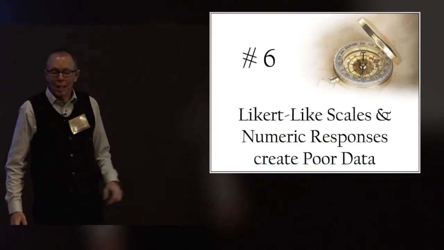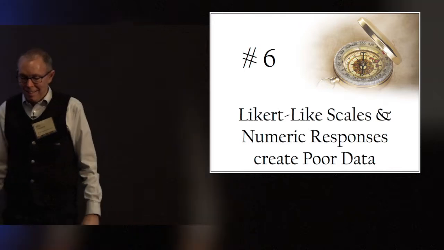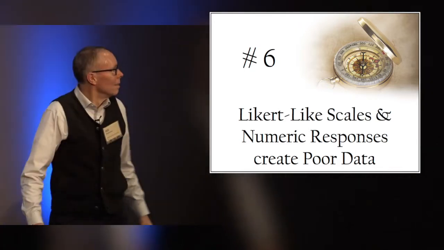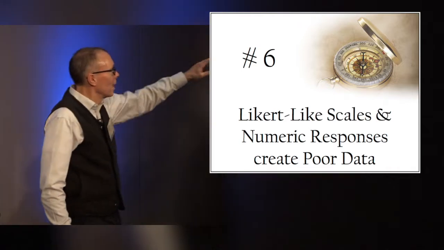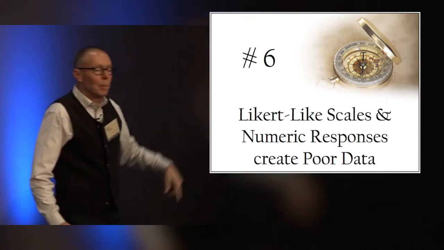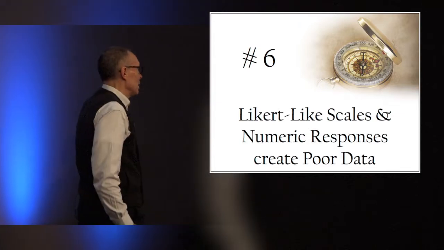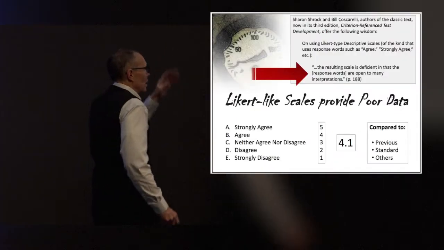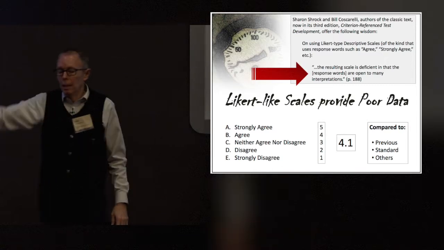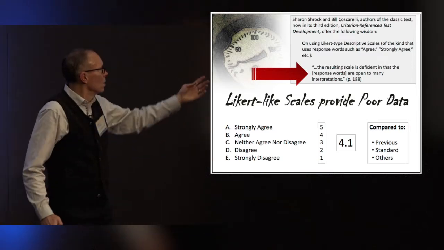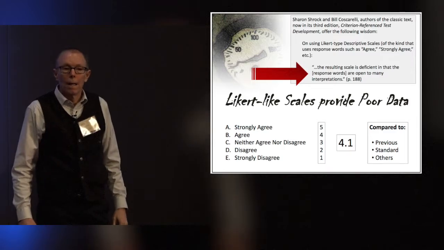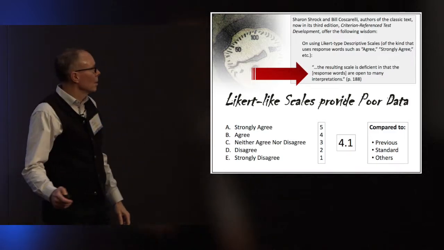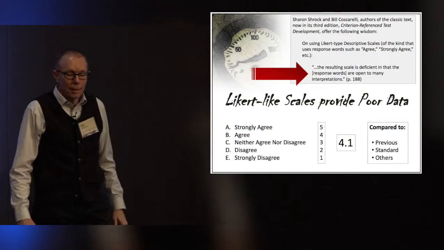So why might our smile sheets be problematic? One of the reasons is that we use Likert-like scales and numeric data responses, and they create poor data. With a Likert-like scale, we give people a statement, and we ask them, do you strongly agree? Do you agree? Do you neither agree nor disagree? And then we turn that into numbers: 5, 4, 3, 2, 1.